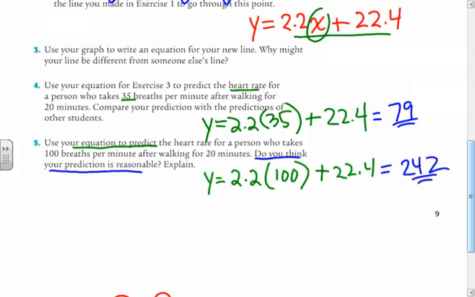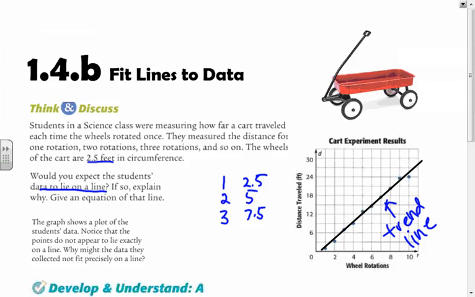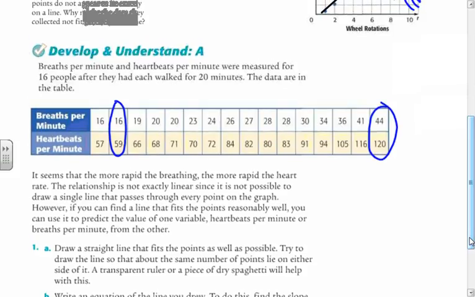Explain. One thing about it is this prediction uses 35 breaths per minute, which, if you go back and look at our data, is actually inside our data. And when it's inside your data and you create an equation to predict something from that, you usually get a pretty accurate equation.